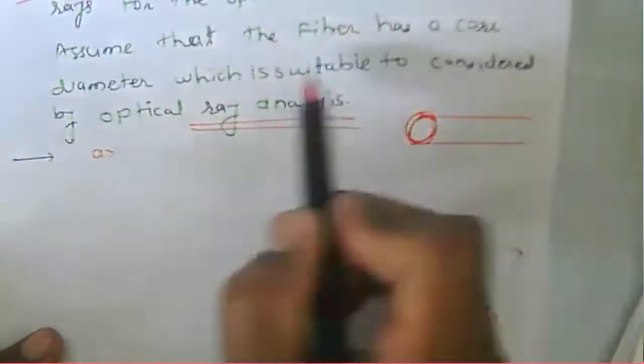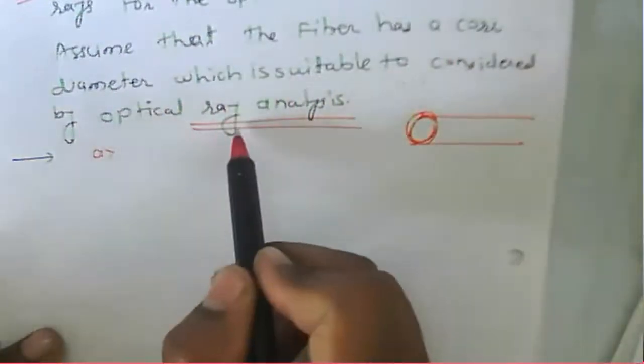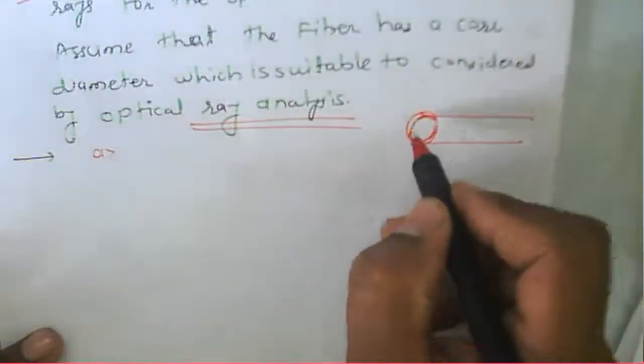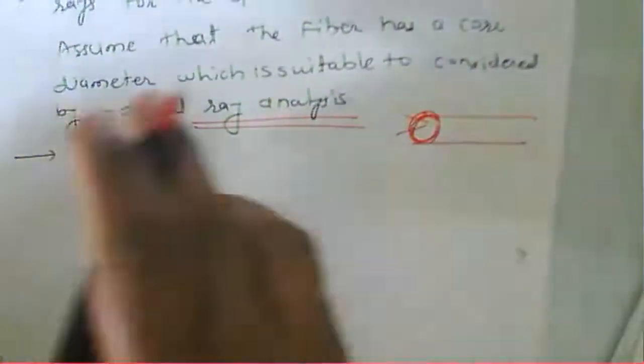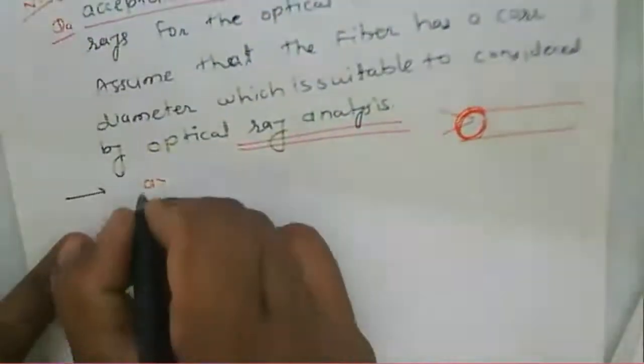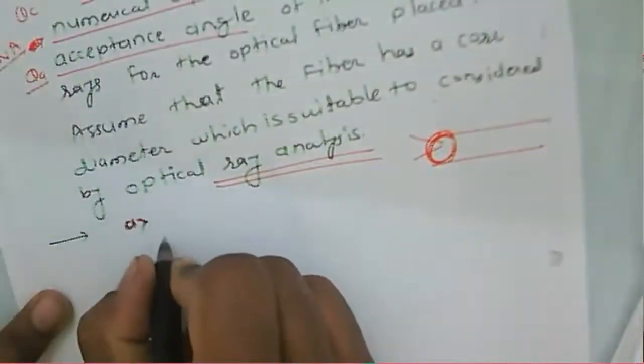Light can propagate through the fiber core. So now we obtain the numerical aperture.